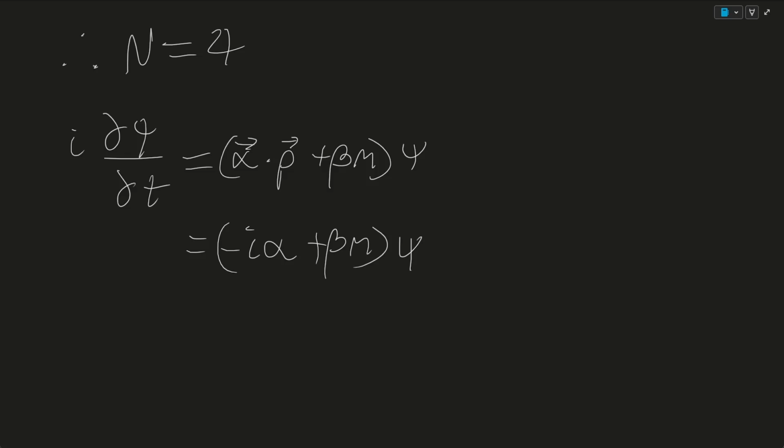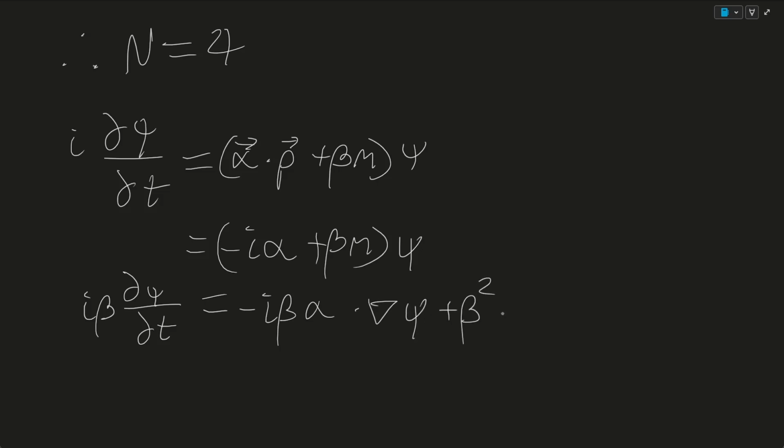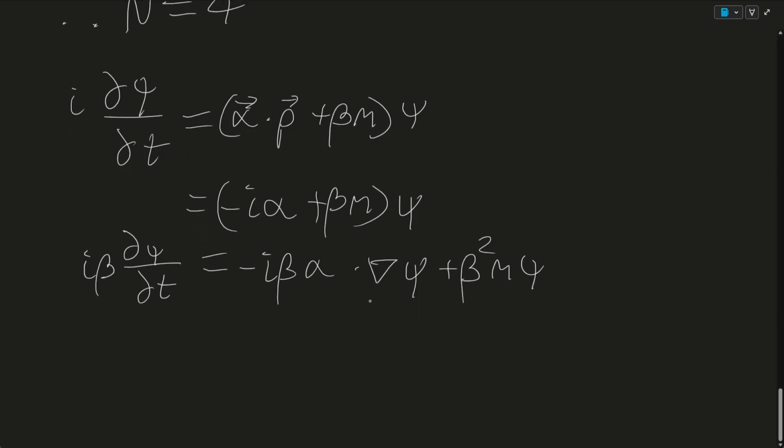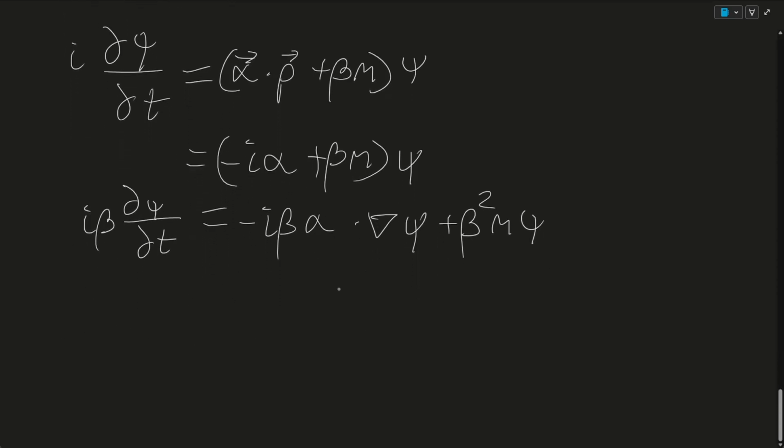So we want to multiply the entire equation by beta, starting from the left. So we can say that i beta times the change of the wave function with respect to time is minus i beta alpha times nabla phi plus beta squared m times the wave function, and we can pop this all onto one side.